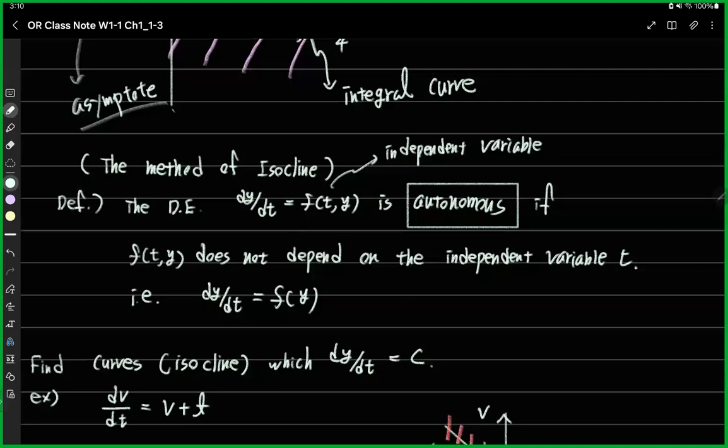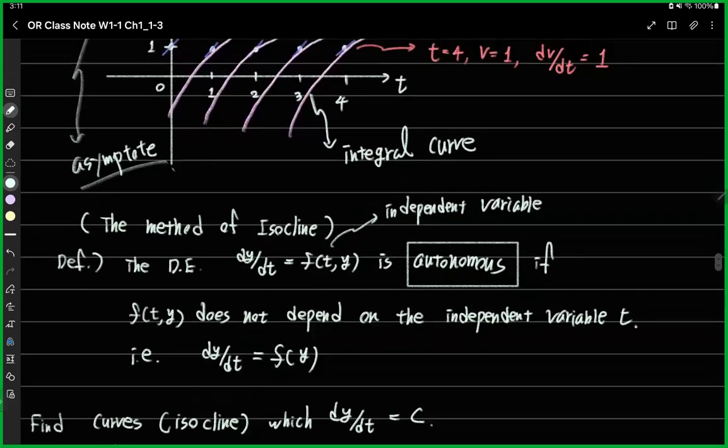But what does it mean? If the differential equation is autonomous, then when you draw the direction field, we're going to get the slope of the solution along the horizontal line.